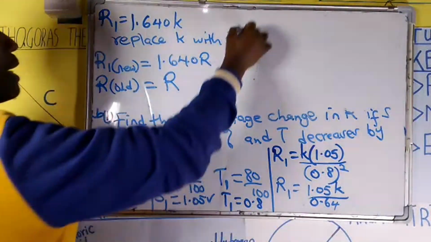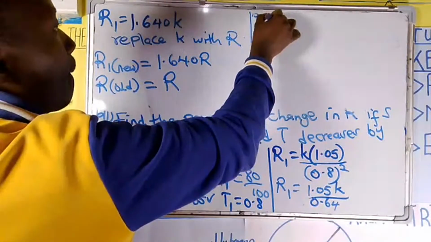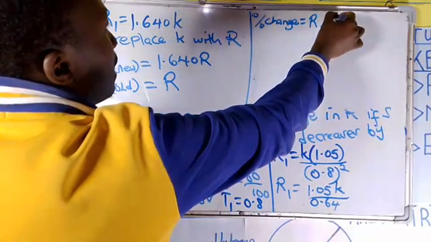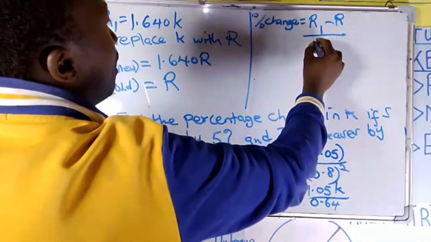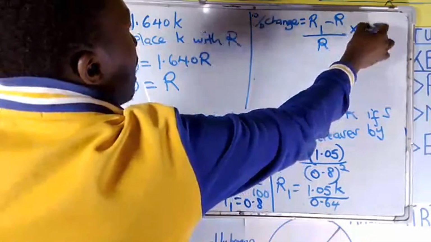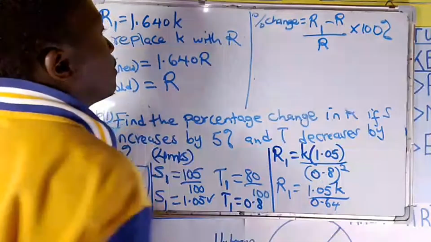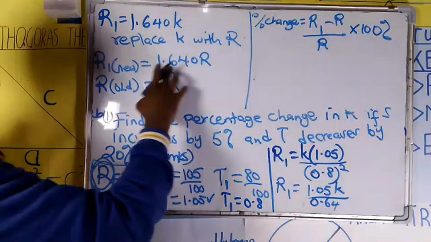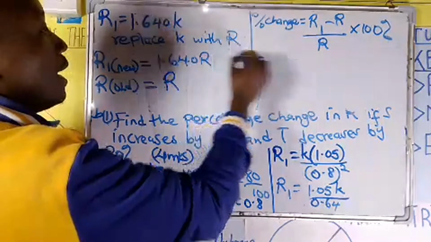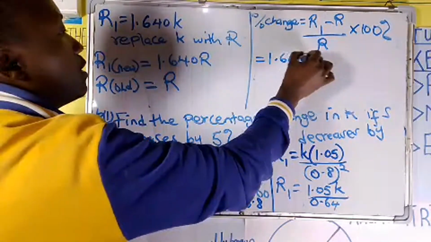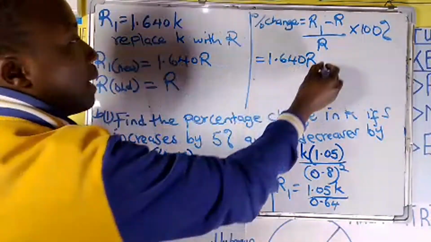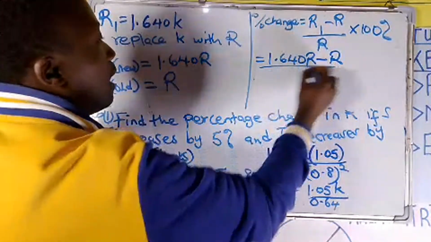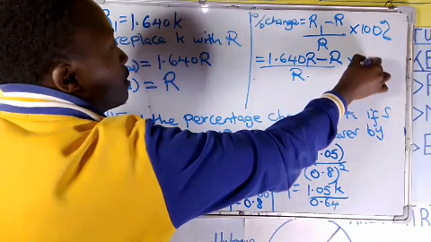So for us to get percentage change, it is new R minus old R over old R times 100%. Percentage change is equal to new R, which is 1.640 R, minus R, over R times 100%.